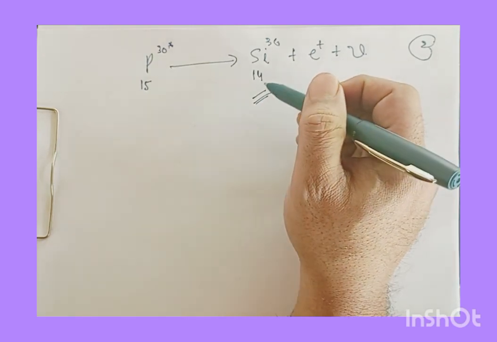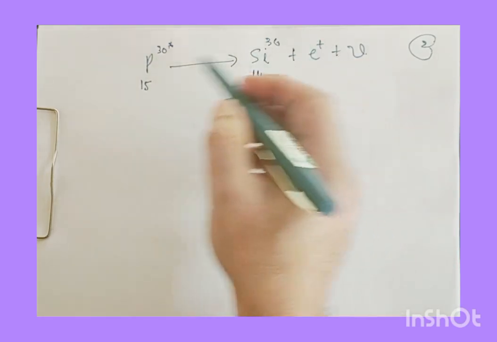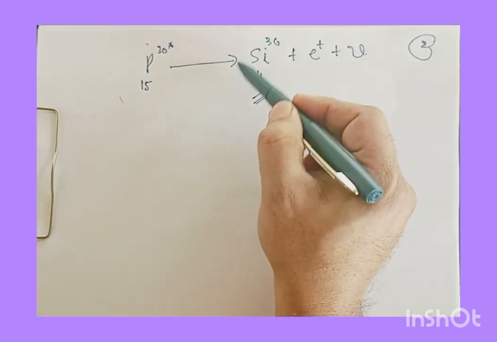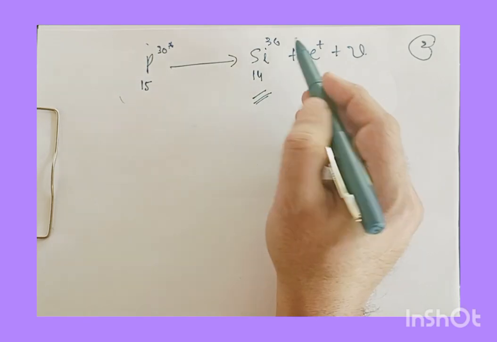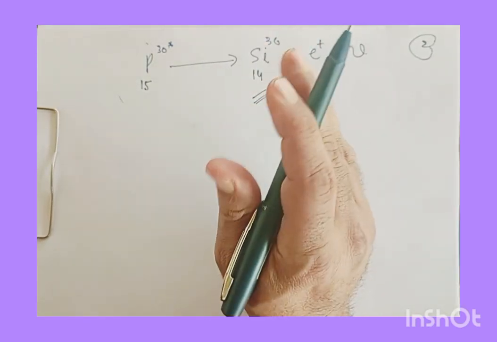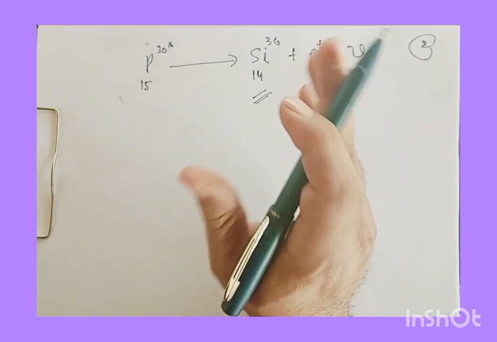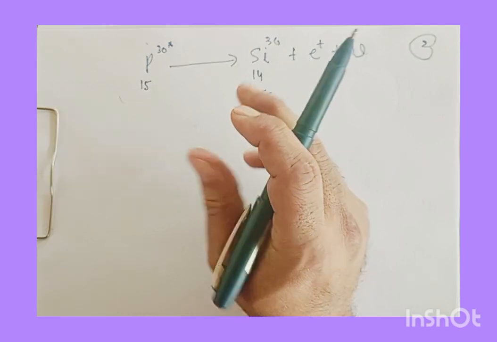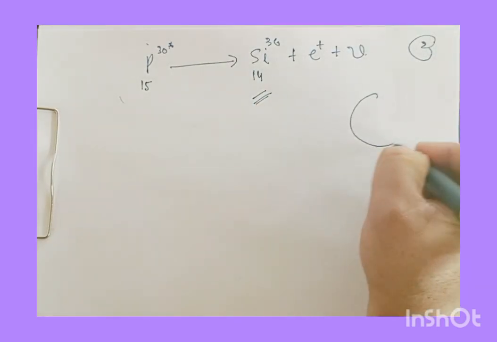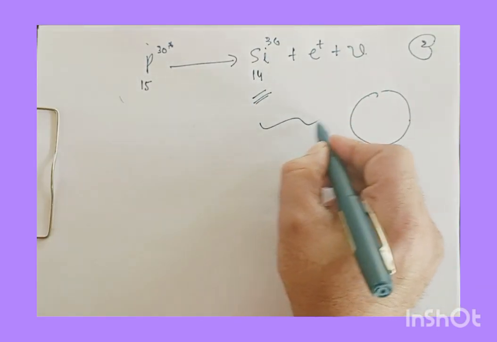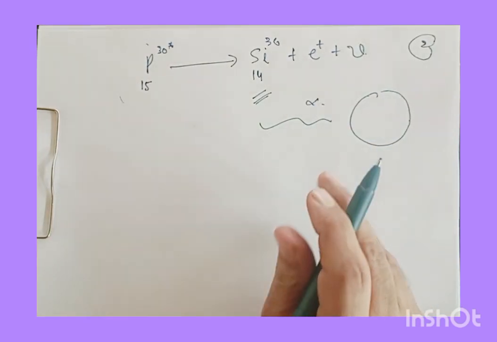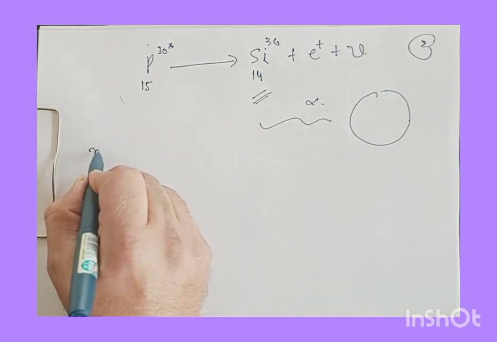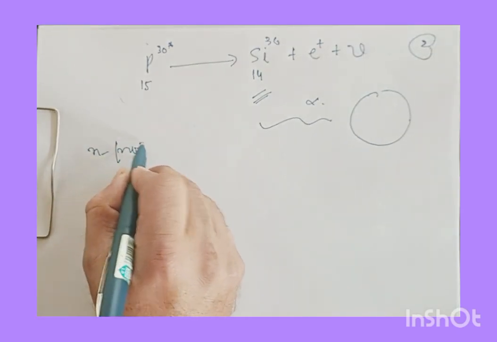What's happening is a transformation: you have phosphorus in the excited state, and it turns out to be silicon. This way, we could generate isotopes by artificially bombarding this nucleus with an alpha particle.